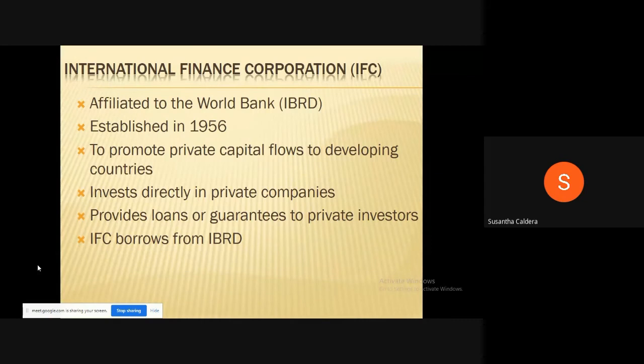Now you must be thinking about IDA loans to underdeveloped or developing countries, right? How is it affecting international trade? When you invest money on infrastructure development and all those things, obviously there will be imports, right?